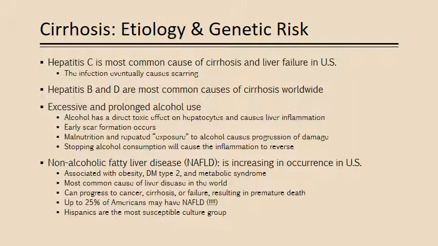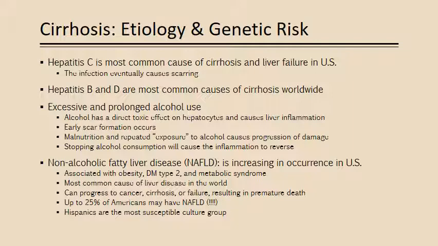It's associated with obesity, diabetes type 2, and metabolic syndrome. My dad's wife is not obese, but as with Nancy, sometimes it's there. We have no idea why. I mean, she doesn't have any of these risk factors. It is the most common cause of liver disease in the world. It can progress to cancer, cirrhosis, or failure and result in premature death.